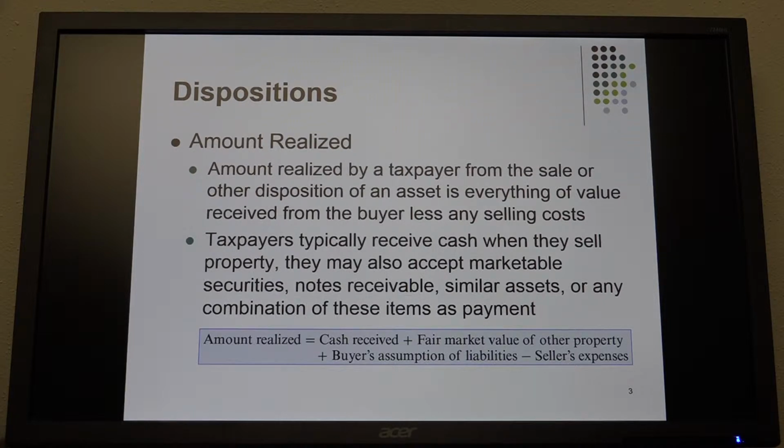And it can be a sale where all they're receiving is cash. It can be an exchange of property, but it could be a combination of the two as well.